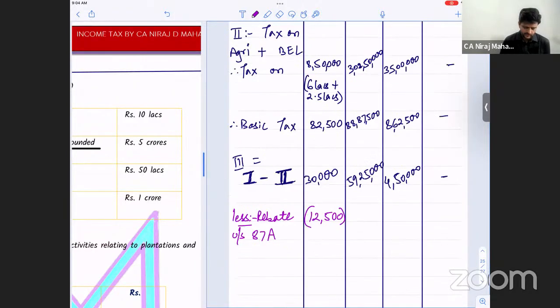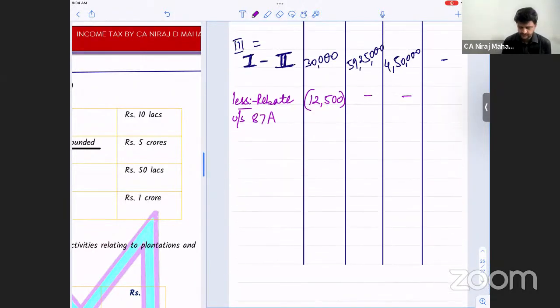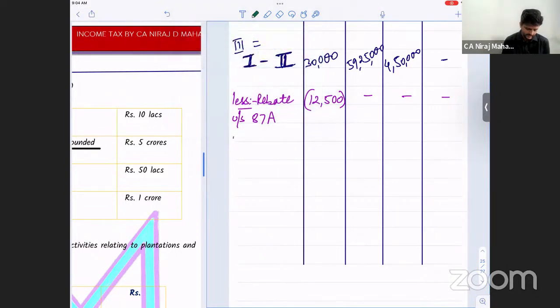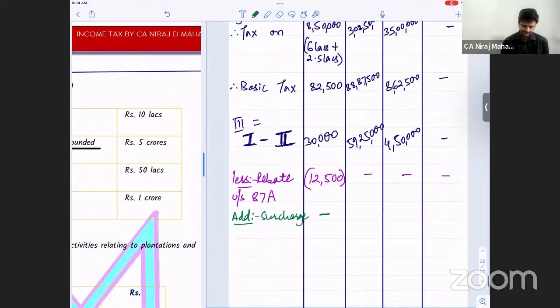So, nothing else, nowhere else surcharge will be applicable. Surcharge. Sorry, rebate. Okay. This is okay. Over here, I'm writing the concept of surcharge also, because somewhere the surcharge is there. So, add surcharge. Okay. I'm not writing the rate because, again, depending on income, surcharge rates are also different. But surcharge is obviously not applicable in case 1.